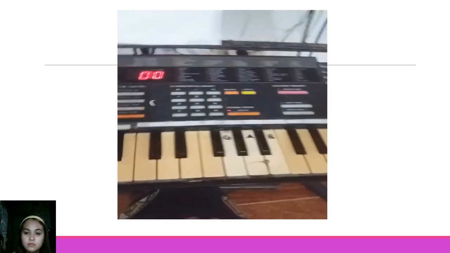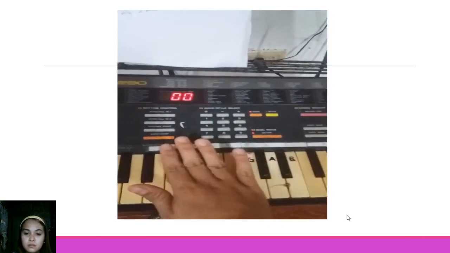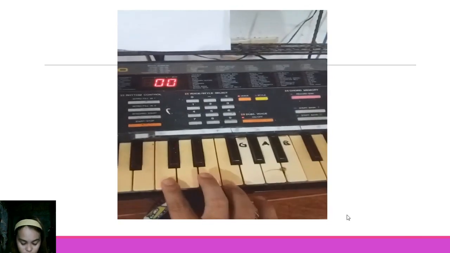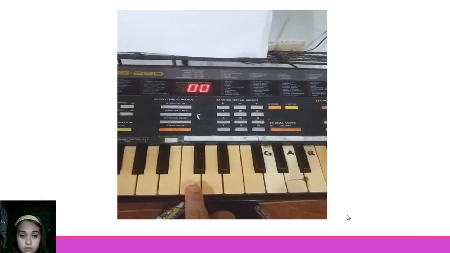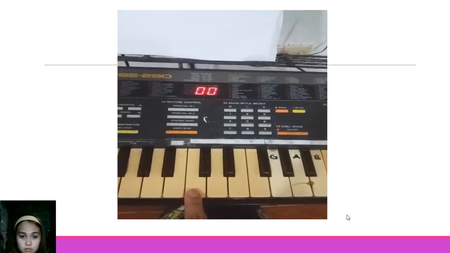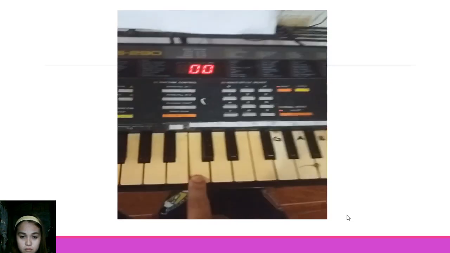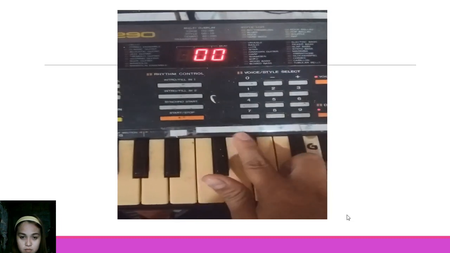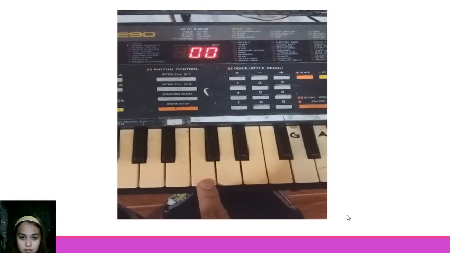Let us try why the white ones are natural and why the ones on top are sharp or flat. Okay, let us see. Natural key, C. You can identify the letter. C, lower or natural key.